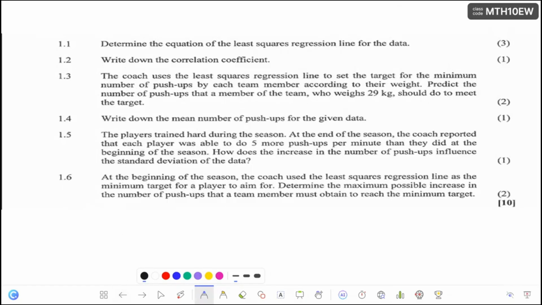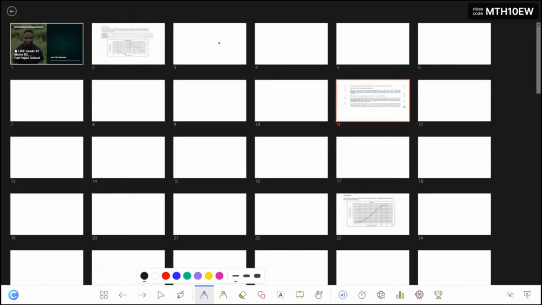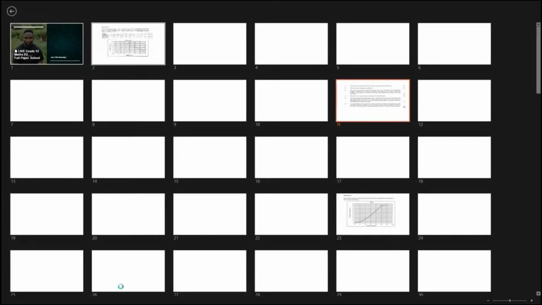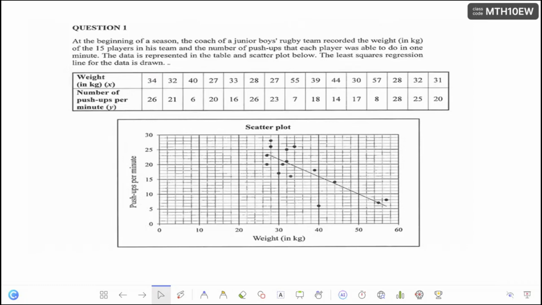Here they said the coach uses the least squares regression line to set the target for the minimum number of push-ups by each team member according to their weight. Predict the number of push-ups that a member of the team who weighed 29 kg should do to meet the target. We found our regression equation.